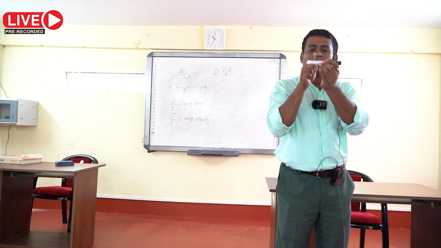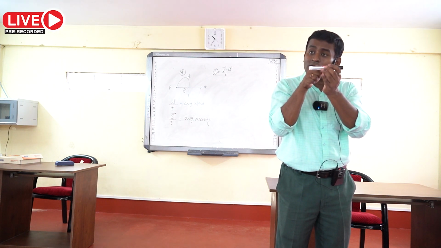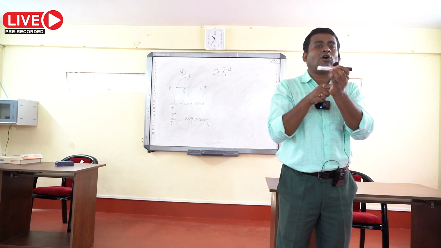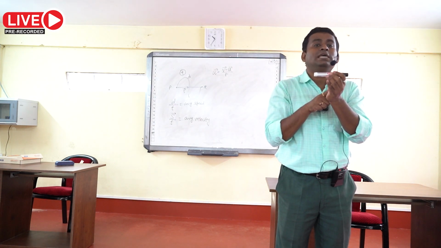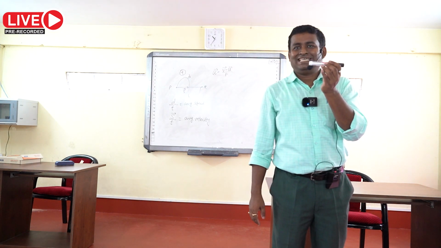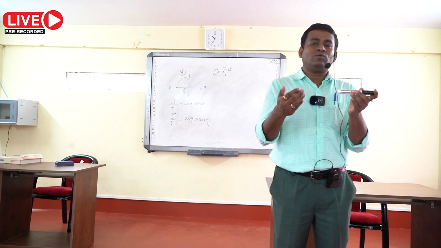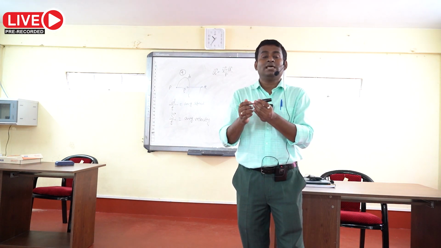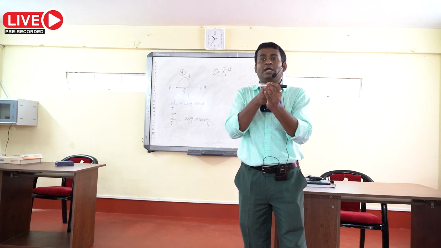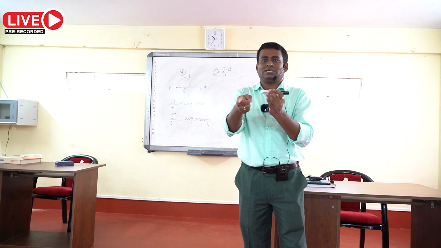He will say that at the beginning of the observation, the velocity of the car recorded by the observer is called the initial velocity, and that is now 10 meter per second. So whenever a finite value, non-zero value is given, means the observer starts his observation at that point. That is called the initial velocity.